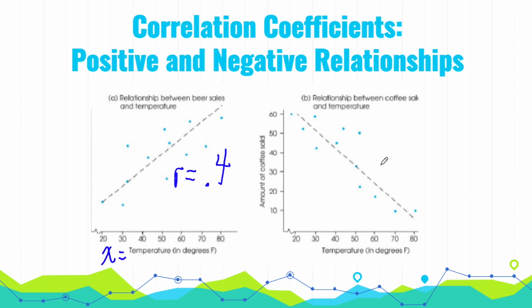But as the temperature increases in degrees, it seems like there are lower sales of coffee. Again, this must be wrong, they're not including cold brew. But for this practice problem's purposes, we can see that there is an indirect relationship, or a negative relationship, between X and Y.